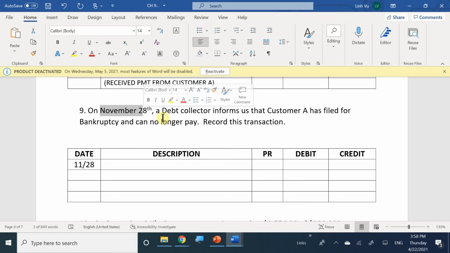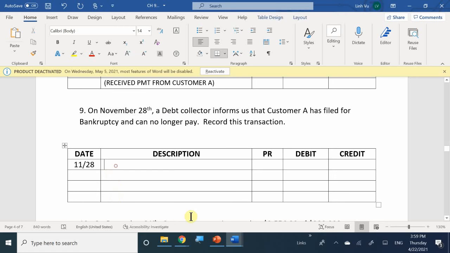Now that we have a guarantee, from October to November, a debt collector has informed us that this person can no longer pay their debt. So in this case, we need to move the complete transaction out of accounts receivable into the allowance, because you never know.